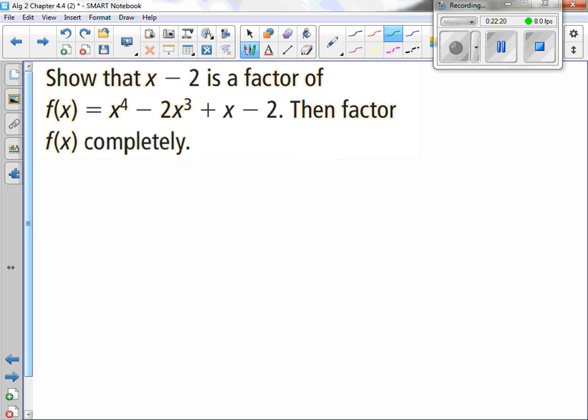Let's look at this one here. So we're going to do the same thing. We're going to show that x minus 2 is a factor. And then once we've shown that it's a factor, then we're going to factor it completely.